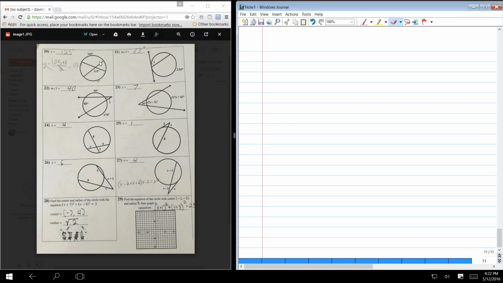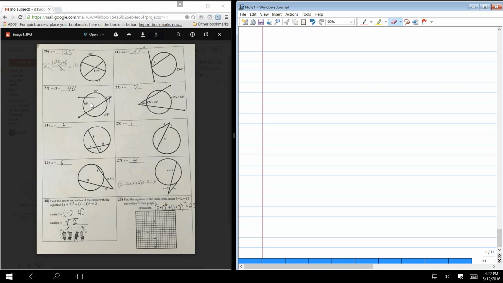In problem 20, we were solving for the measurement of an arc, okay? We weren't solving for the length of anything. In problem 24, we were solving for the length of this segment, x. It didn't have anything to do with any of the angles in 24. And all of these problems come down to that.